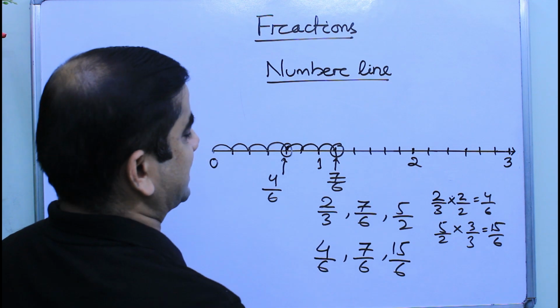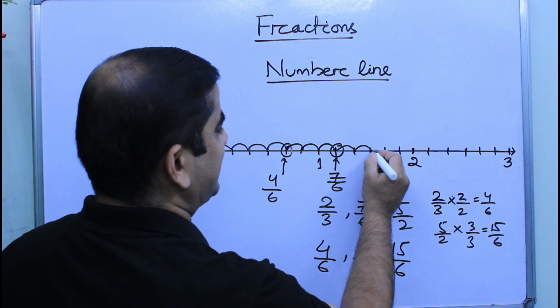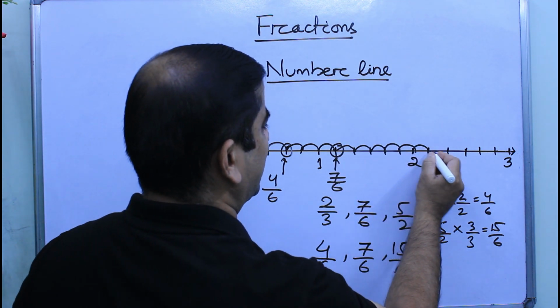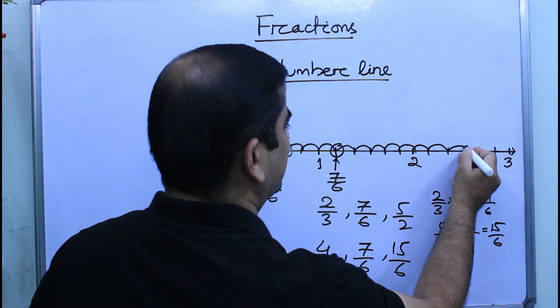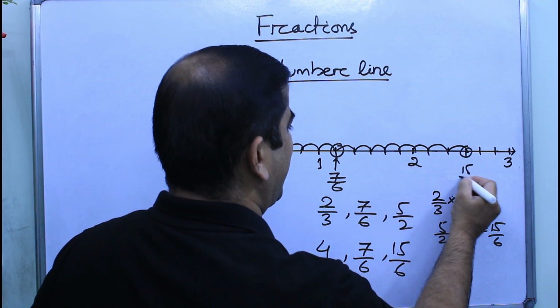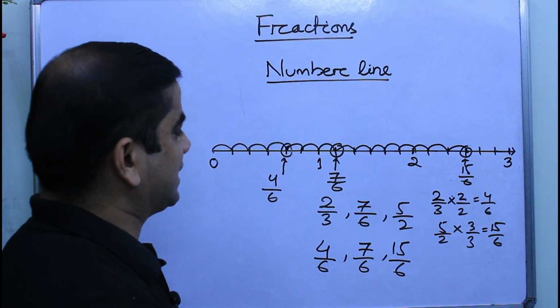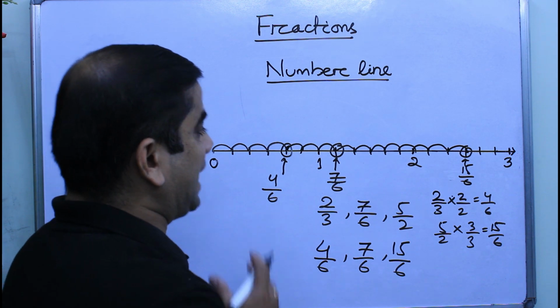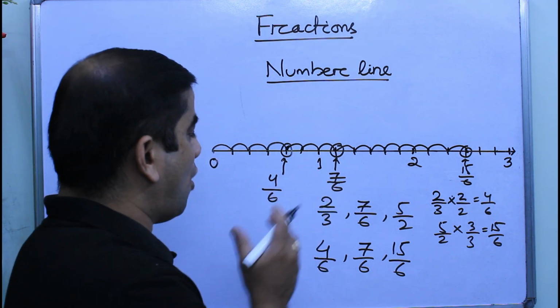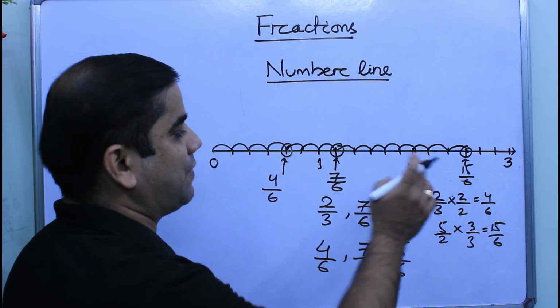Then 15 by 6. 7, 8, 9, 10, 11, 12, 13, 14, 15. So this is 15 by 6. So the given fractions are now represented in their equivalent form as 4 by 6, 7 by 6 and 15 by 6.